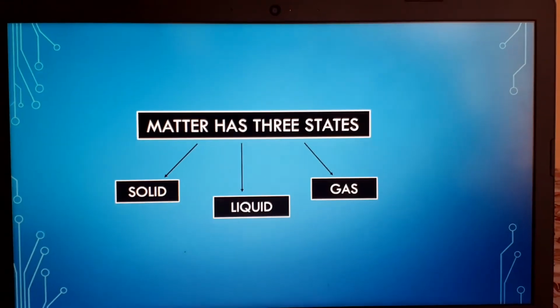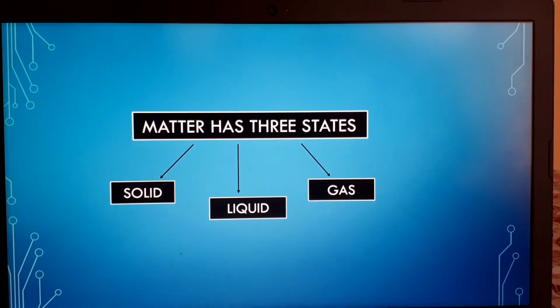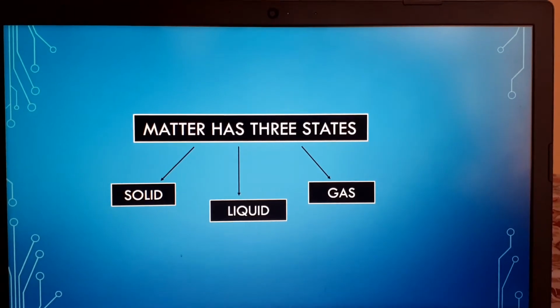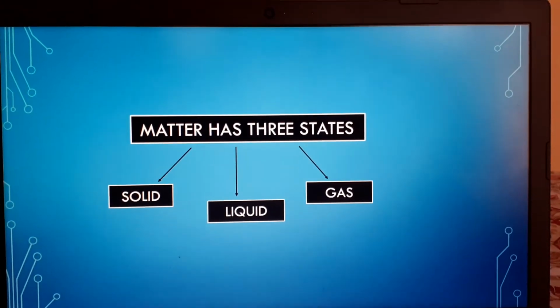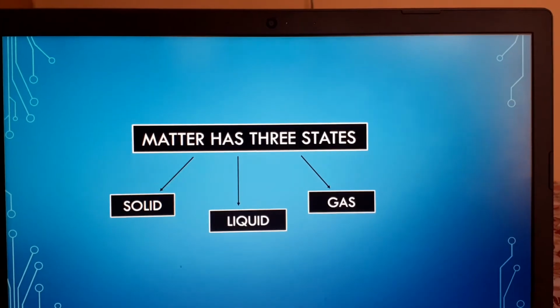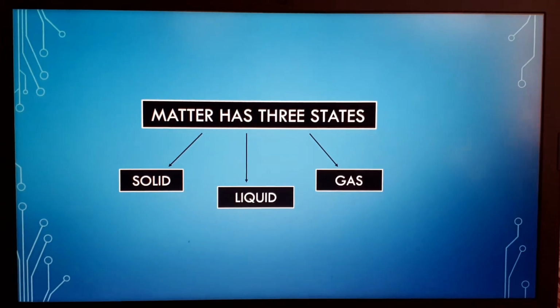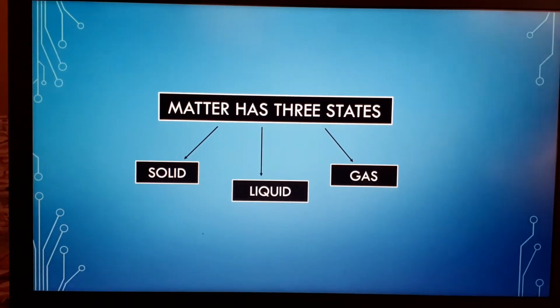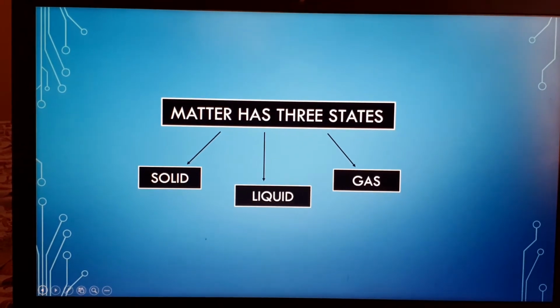Actually, scientists have now discovered 5 states. Number 1 is solid, number 2 is liquid, number 3 is gas, number 4 is plasma, number 5 is Bose-Einstein condensate. Now we are going to concentrate on solid, liquid and gas only.